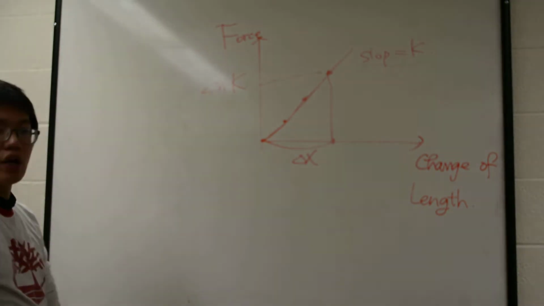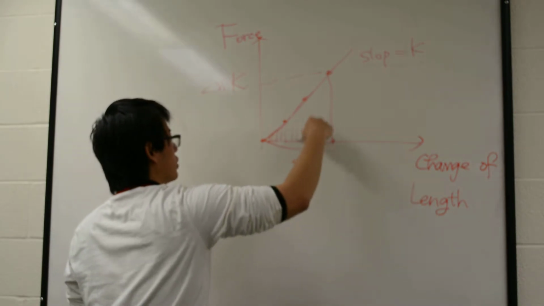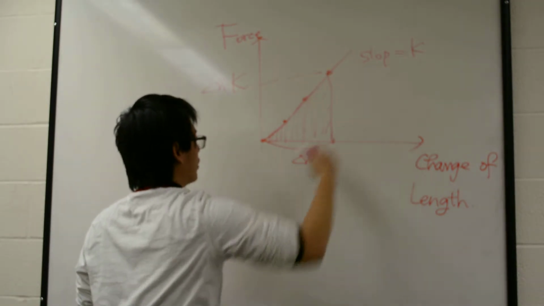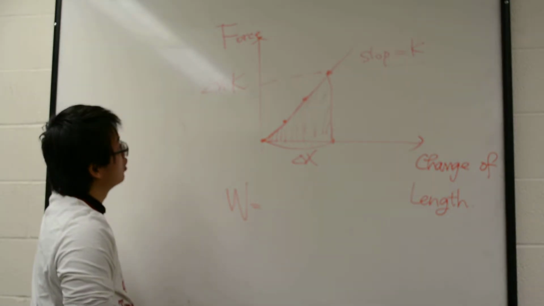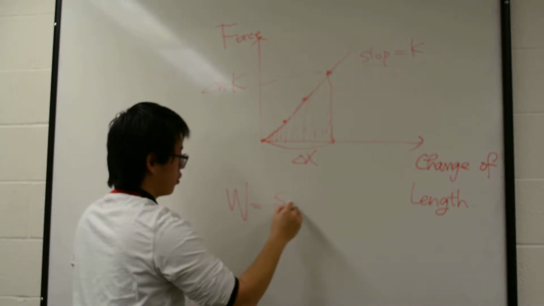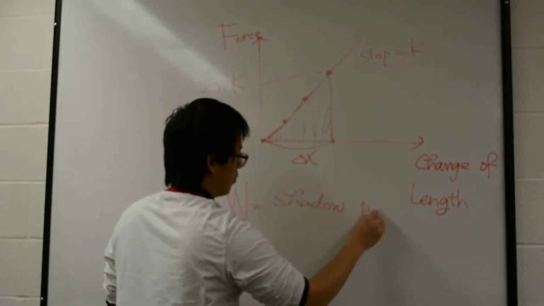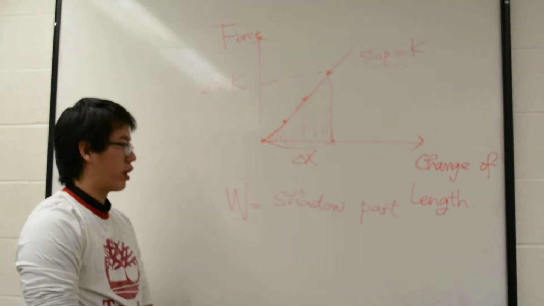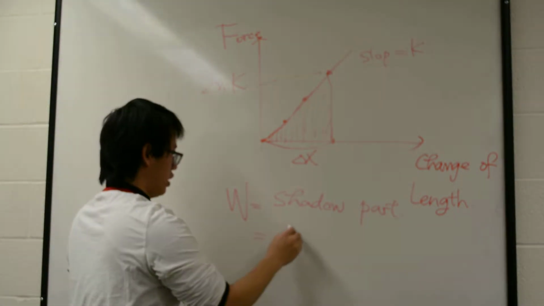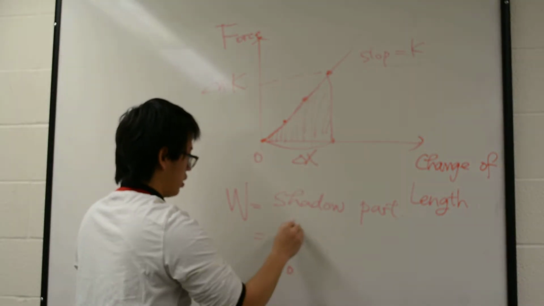Okay, so what about work? The work is the region of the shadow part. So the work is equal to the shadow part. So we integrate from 0 to delta x.